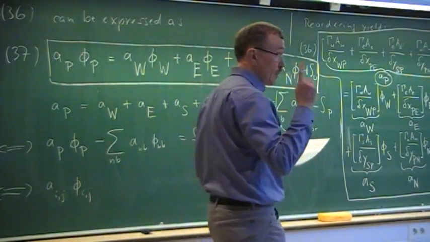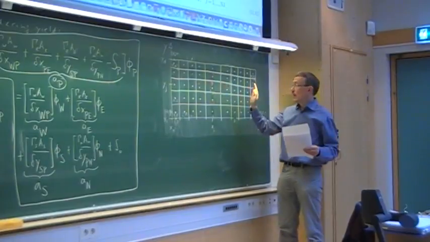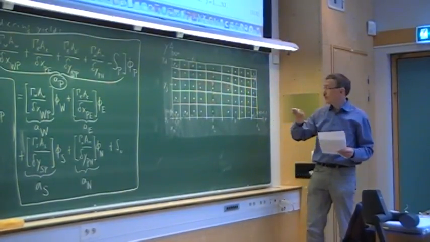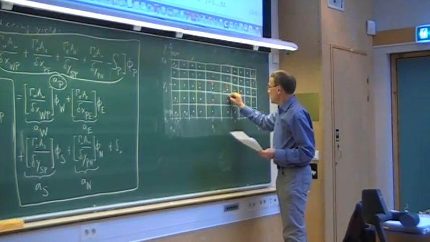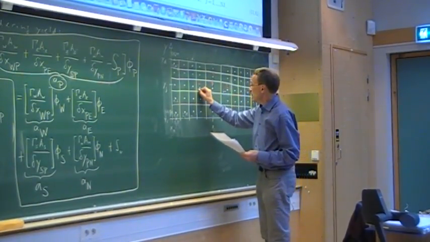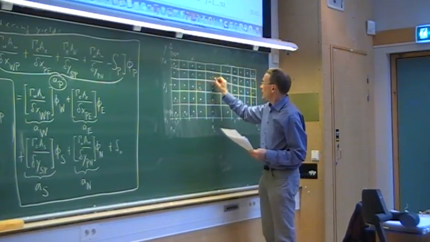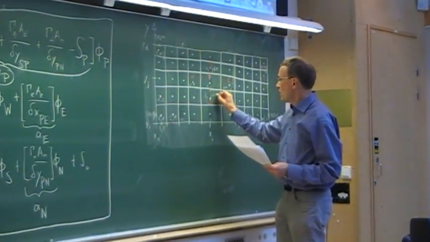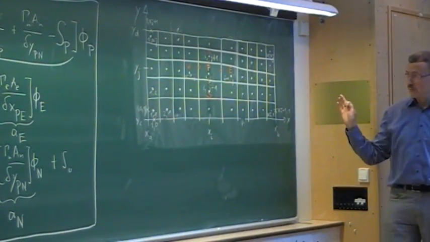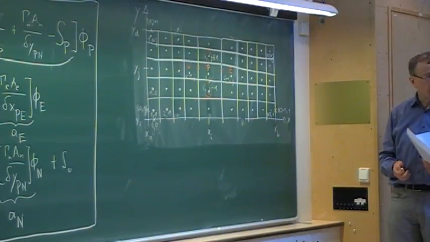So what I'm doing now is I go from the letter notation with P, E, north, south, west, and so on, to the index notation. So the E is i plus 1 j, the W is i minus 1 j, the north is i j plus 1, and the south is i j minus 1. It's just by our index notation that we get this naturally.